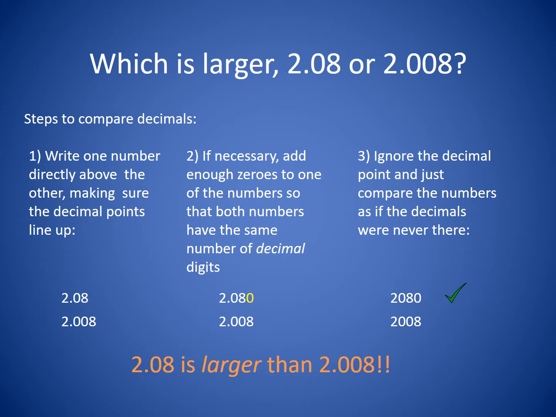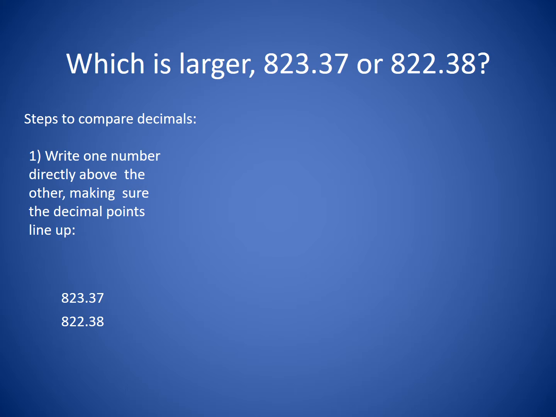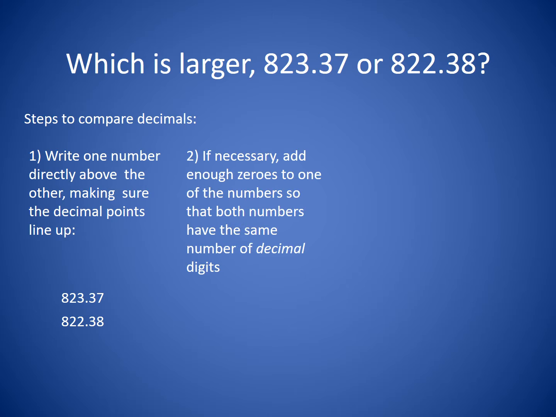Another little variation, let's do one here. Which is larger, 823.37 or 822.38? Again, same steps, we'll walk through them. We're going to write one right above the other, making sure the decimals line up. They both have two decimals, so I don't need to add any to either one. They have the same number of decimal digits.